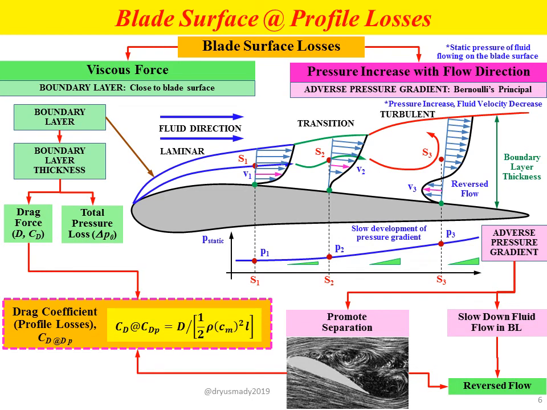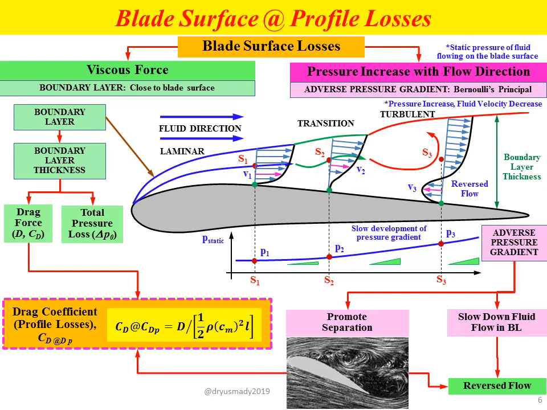Okay, in order to describe profile losses, we can use a certain parameter. Normally we refer to it as the drag coefficient, or profile losses. The symbol for drag coefficient is CD or CDP.